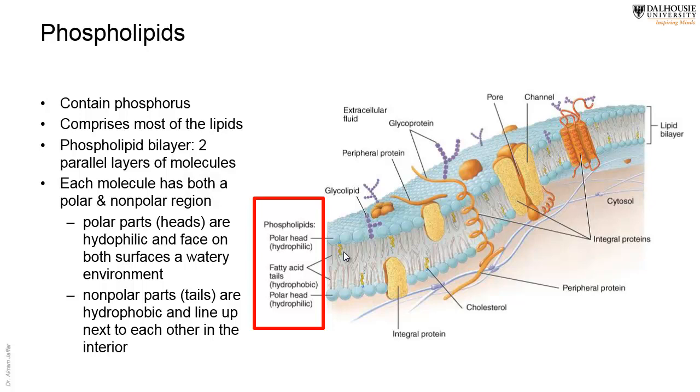They are afraid of the water, so they turn away from the water. So here, at the outer part of the cell membrane, the heads face the extracellular compartment, the extracellular fluid, and from the inside, the heads are facing the intracellular compartment, the intracellular fluid, but the tails are sandwiched in between. They are hydrophobic.